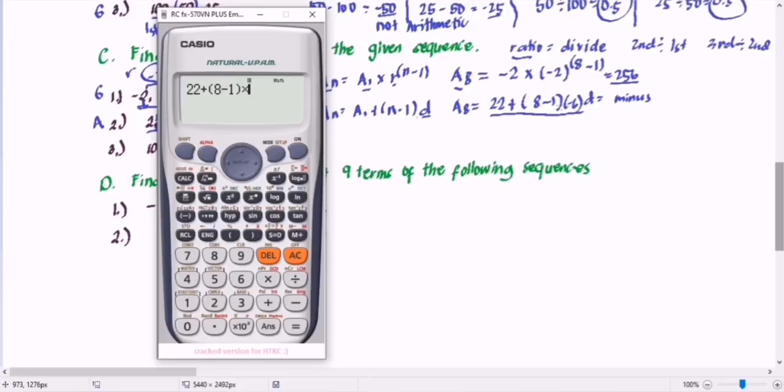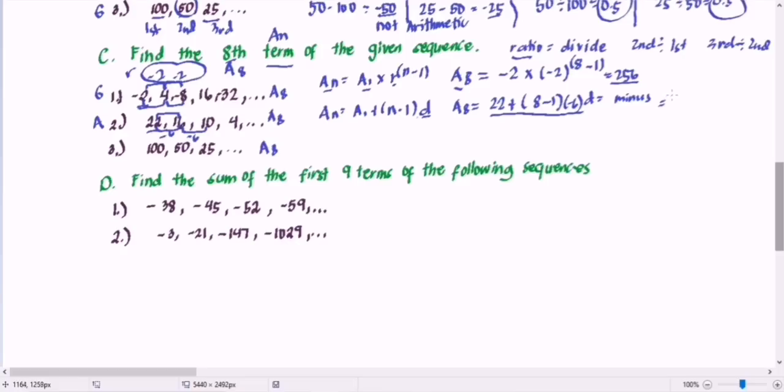Kasi pag magkadikit yung dalawang parenthesis, that is multiplication. Then, lagay nyo parenthesis muna, negative 6, close. That is negative 20. So, the 8th term is negative 20.